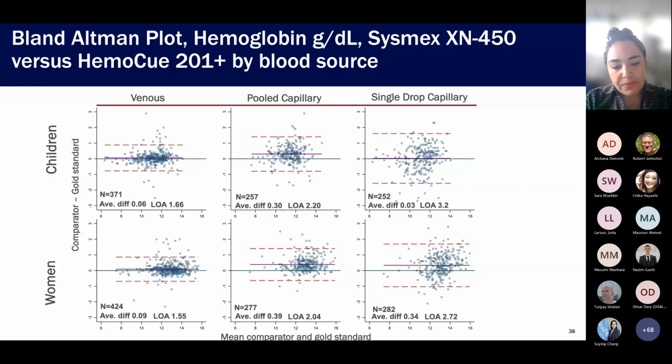The limits of agreement for each blood source, which is a measure of variation, found in our pilot, fell about in the middle of what we've seen from other published studies. The average difference between the gold standard and each comparison was less than 0.5 grams per deciliter. So this is a bit less than the values presented in Leila's hypothetical situation earlier on the amount of bias associated with the blood source.